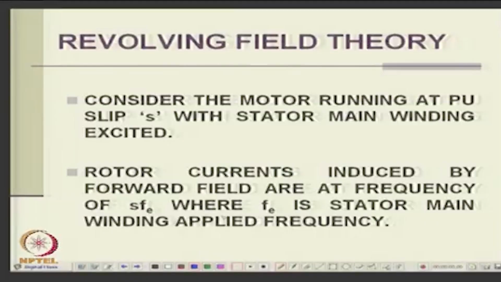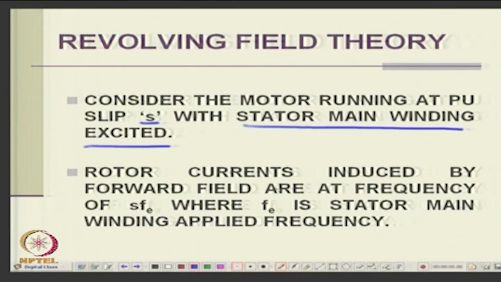Now, you allow it to rotate at a per unit slip S. You allow it to rotate at a slip, and of course the stator winding is excited, IS is fixed, I mean it is carrying a current IS.